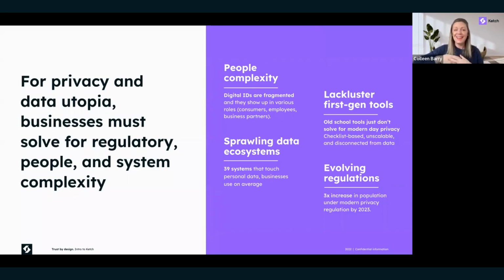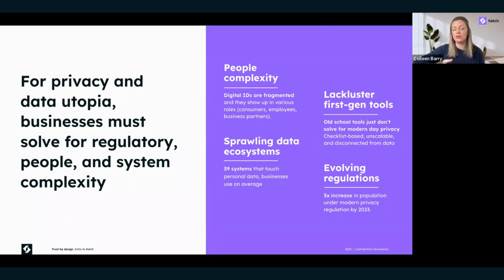Speaking of systems, the average business has sprawling systems today, at least 40 to 60 different SaaS applications and systems, posing another big challenge for businesses for data discovery within those systems, and then also, again, enforcing people's choices across those systems. And then we also see, honestly, lackluster first-gen tools.